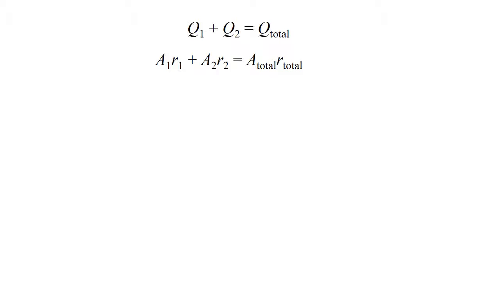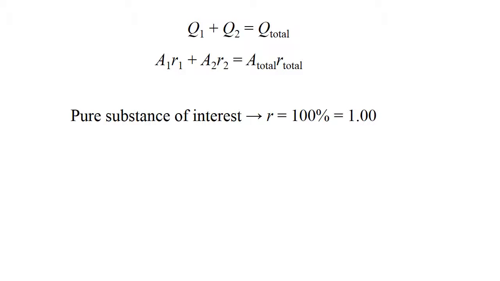A note, sometimes we're going to mix pure material with something that is not pure. And so if this material you're mixing is of the thing you care about, now what do I mean by that? It's the thing that all the rates or all the percentages are based on. Then we're going to say it's 100%, because if it's pure silver or gold or iron or whatever, acid, then it's 100% that.